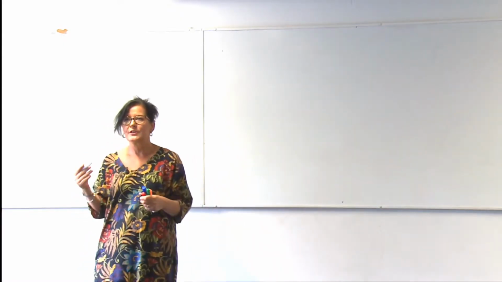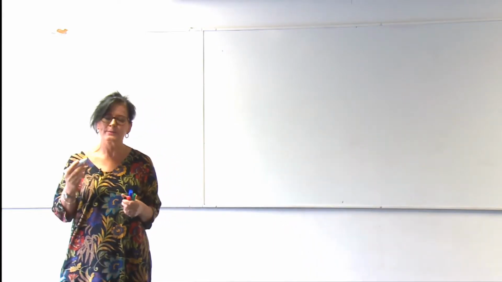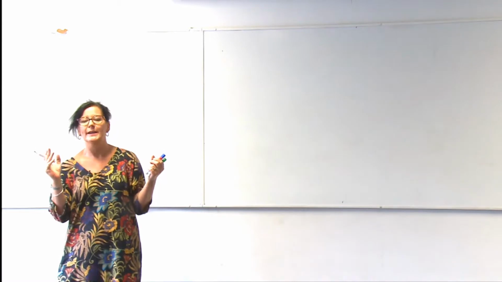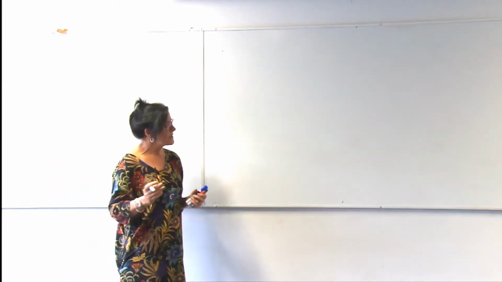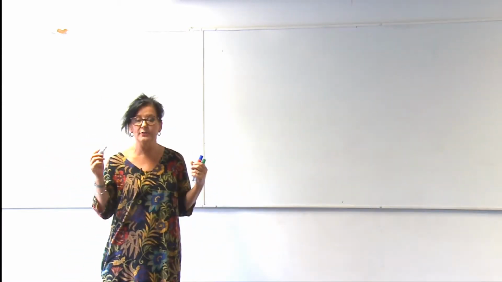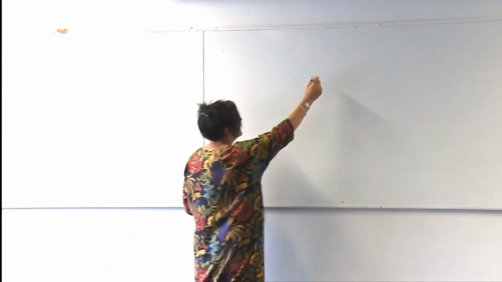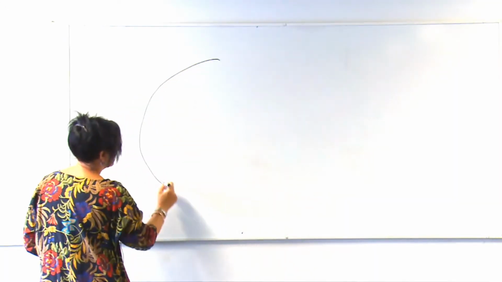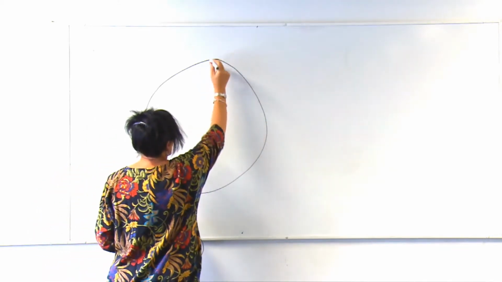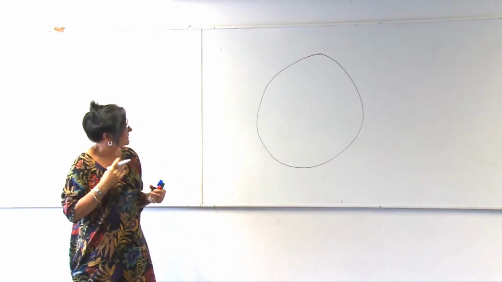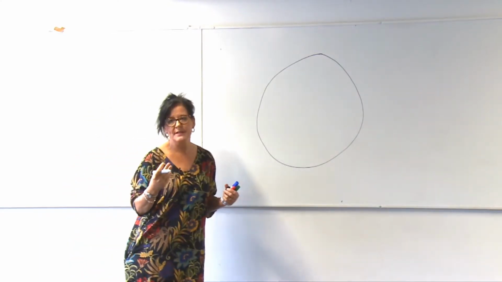Okay, so monitoring hypoxia. This is where our glomus cells come in, and they've got a really funky mechanism. So in the aortic and the carotid bodies, we have these glomus cells. So here's our nice glomus cell. The glomus cell is, if you like, a chemoreceptor.